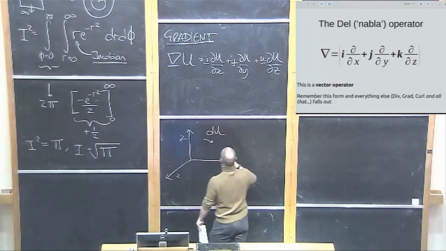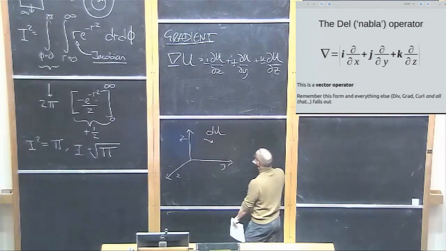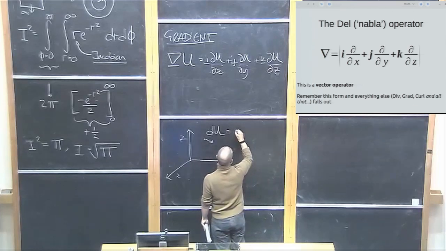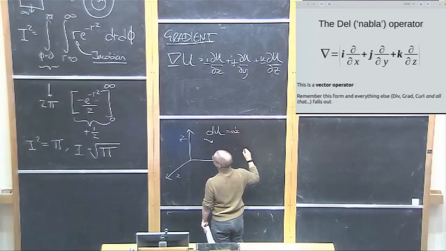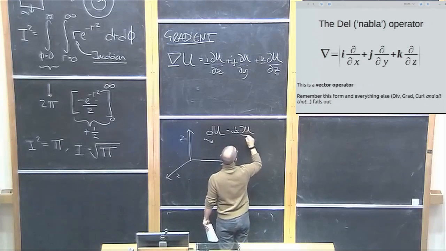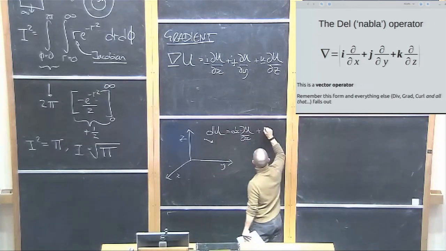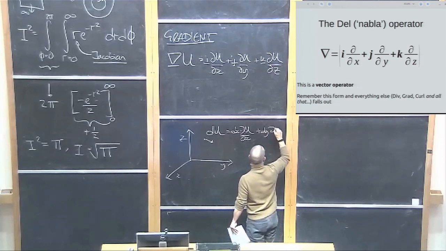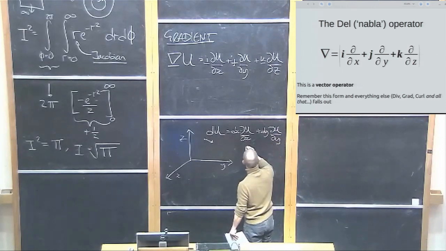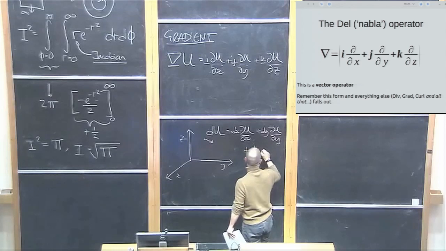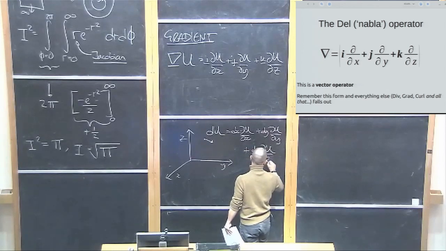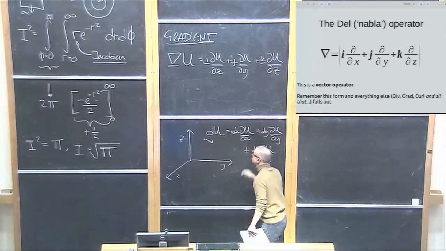So the change in the value of my scalar field I'm going to call du, and that is simply dx, the amount I moved in the x direction, times the rate of change of the scalar field in the x direction. And again, similarly, for y and for the z directions.